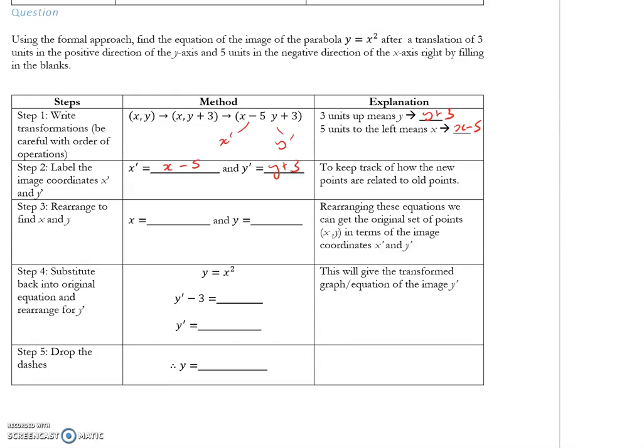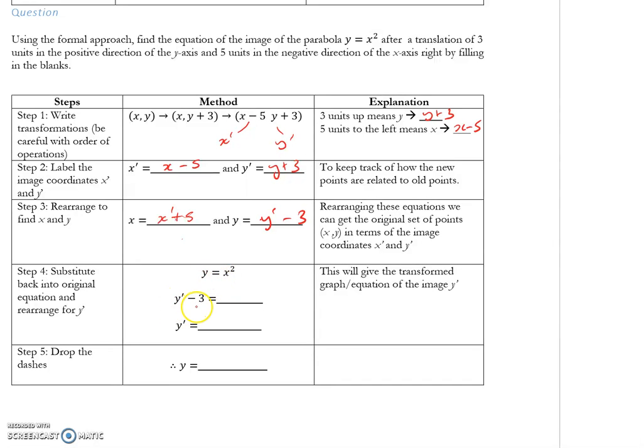Okay, and then we do a rearrangement. Adding 5 to both sides, you get x equals x dash plus 5, and y equals y dash minus 3. And then we substitute into our original, or pre-image, equation.